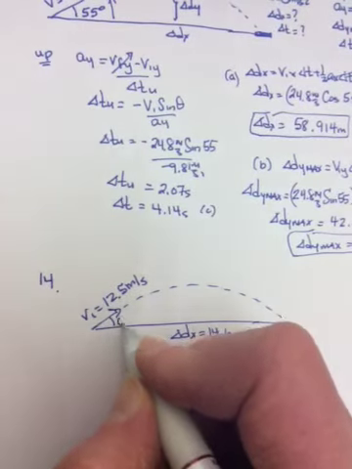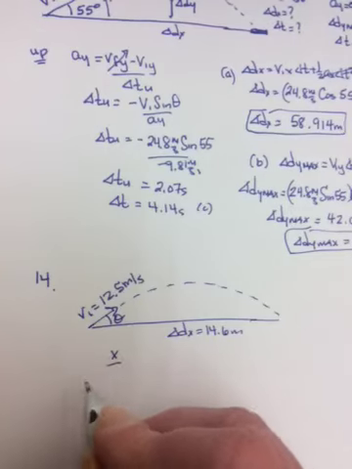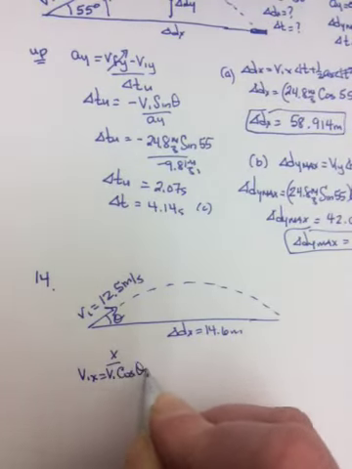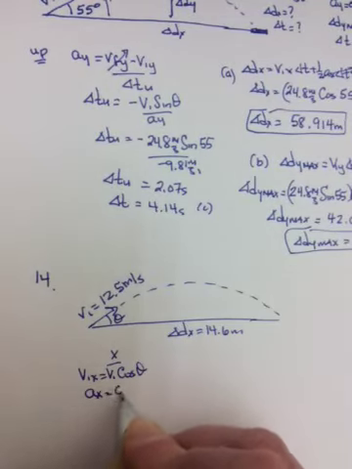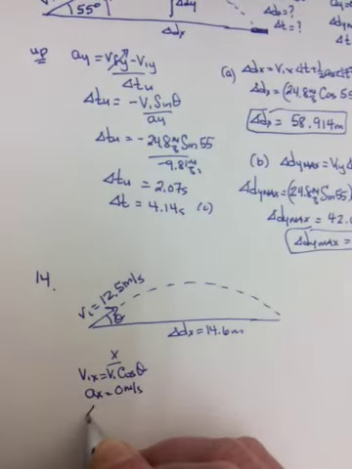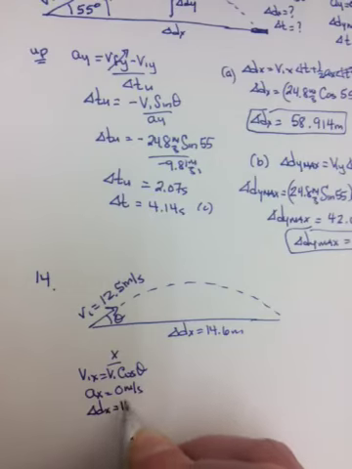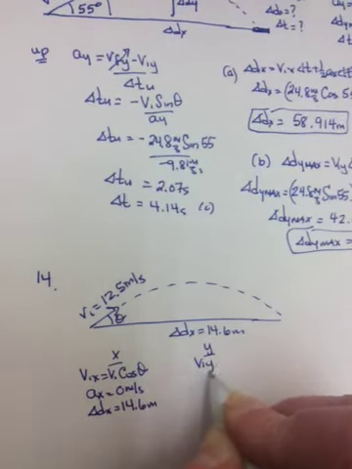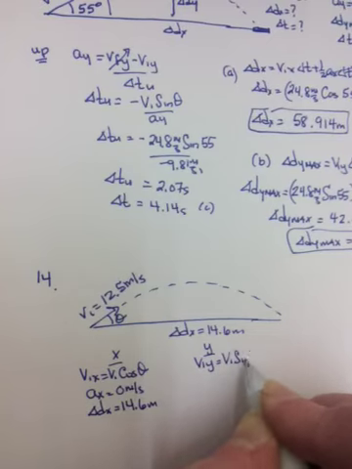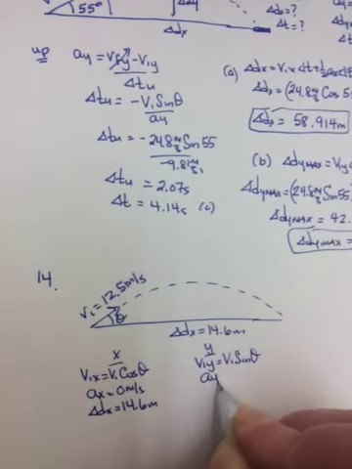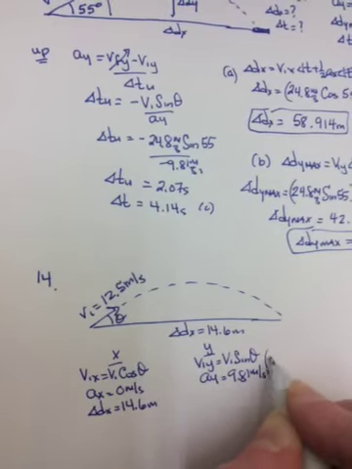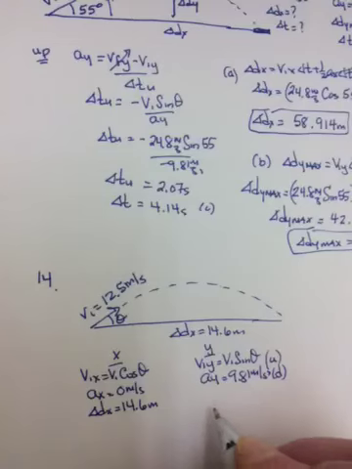So you're looking for theta, among other things. So in the x direction, Vix is Vi cos theta, Ax is 0, delta dx is 14.6 meters. In the y direction, Viy is Vi sine theta, Ay is 9.81 meters per second squared. This one's up, this one's down.